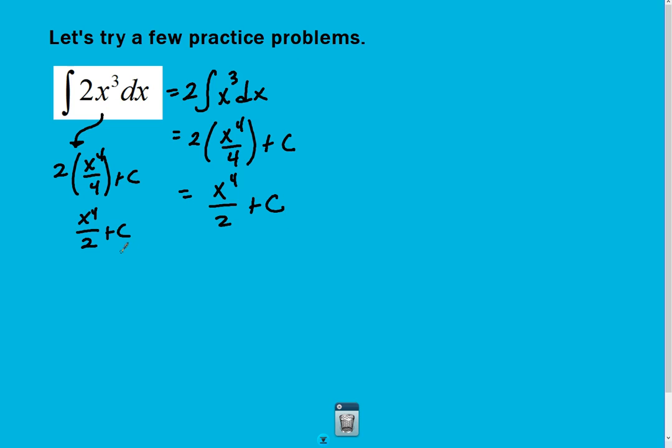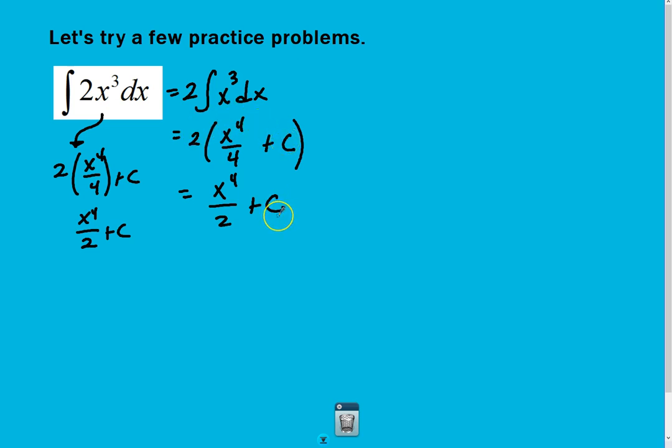Now, one thing that I feel like some of us are probably confused about is why I put the parentheses around just this and not the plus c. Technically speaking, I could do that. I could go ahead and do this right here. Here's the catch with the c: I have no idea what the value of it is. So if I multiply c by 2, now it's just 2c.